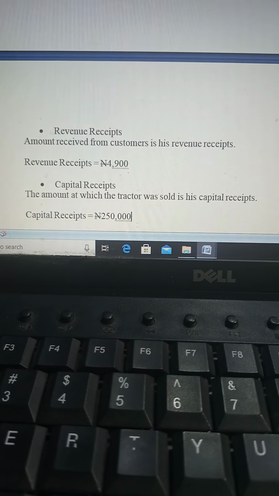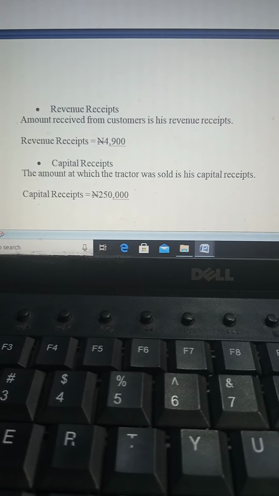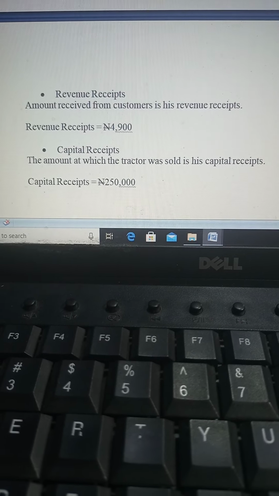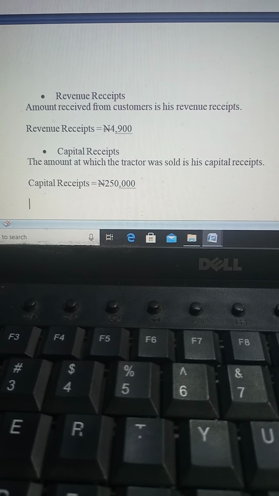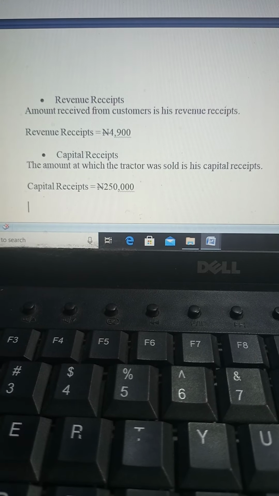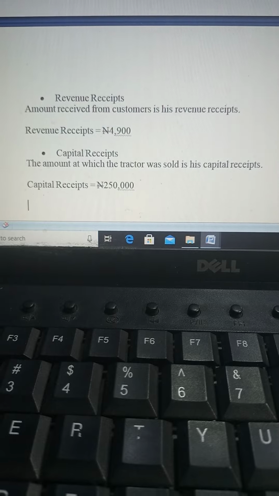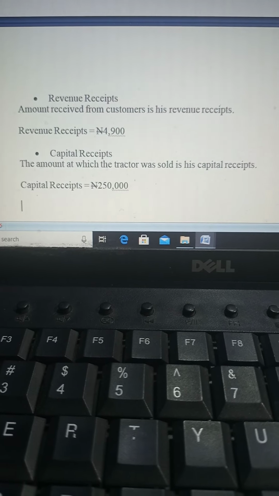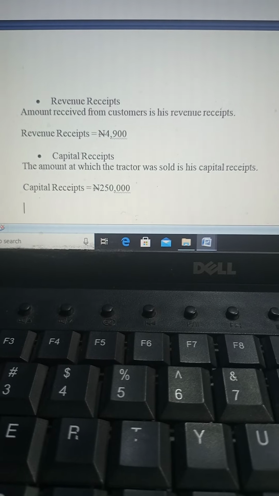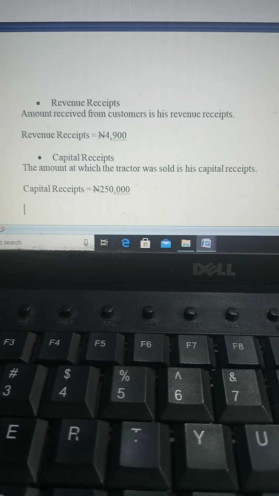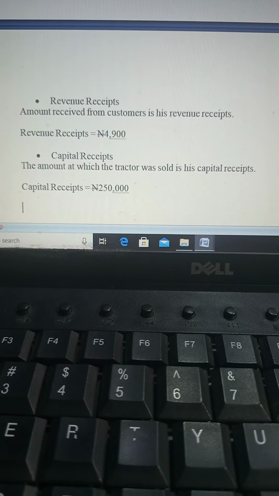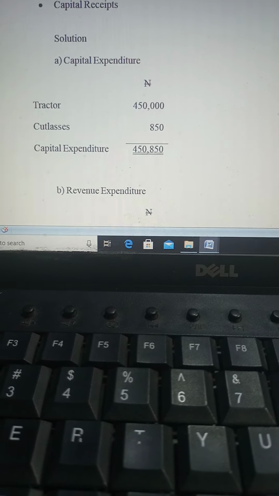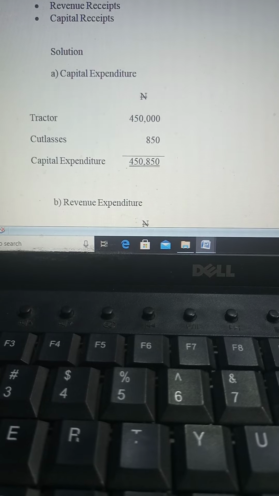Then revenue receipts, this is how to calculate revenue receipts. And capital receipts, this is how to calculate capital receipts. So let's look at the solution again from the beginning. Compute the following.